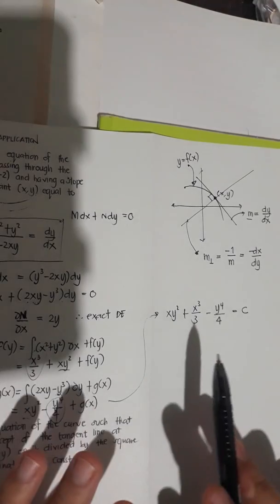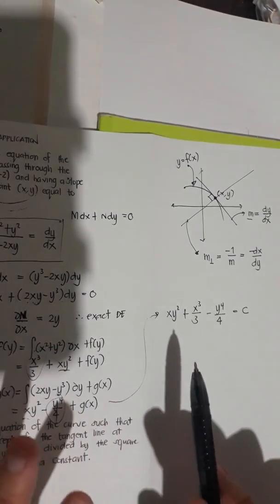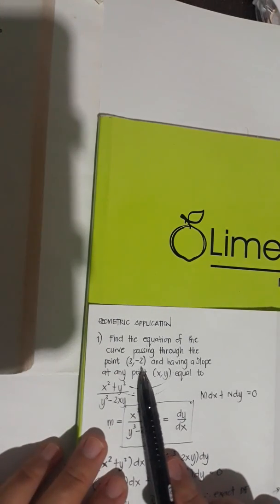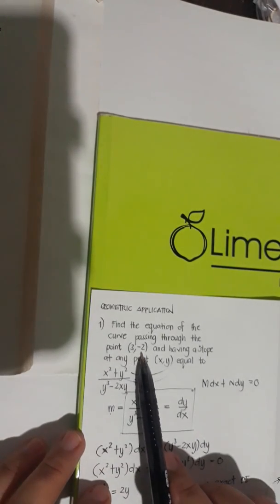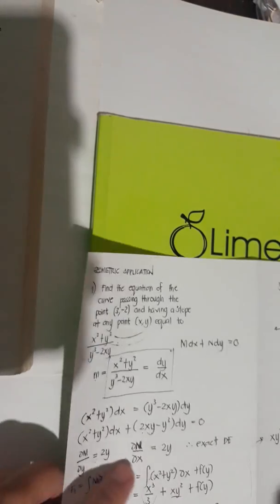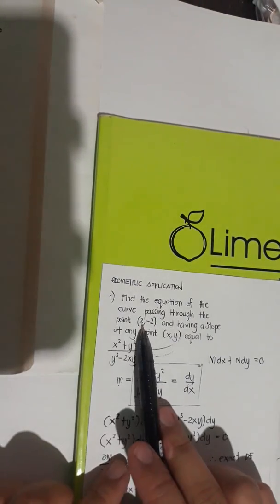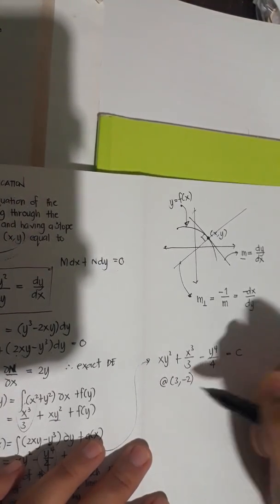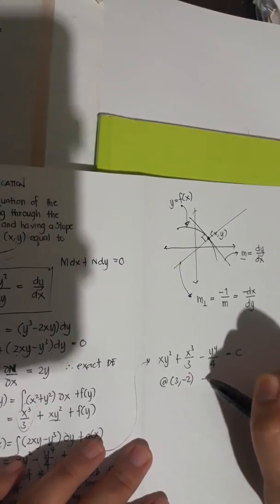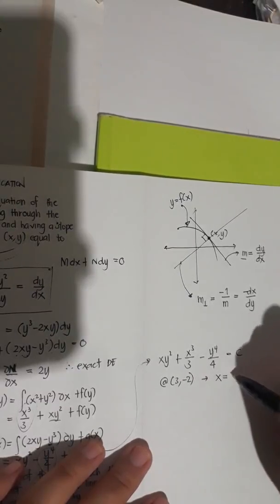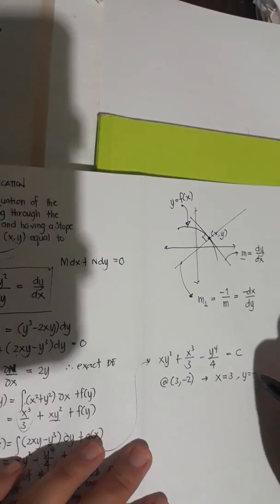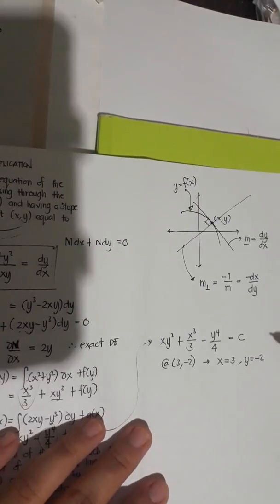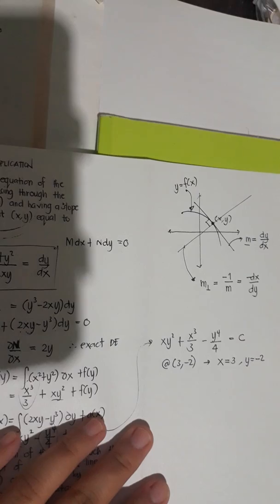Now we could actually get the particular solution because it is said here that one of the points of the function is (3, -2). This means that if it passes the coordinates (3, -2), then at x equal to 3, y is equal to negative 2. So we could get c in this equation.